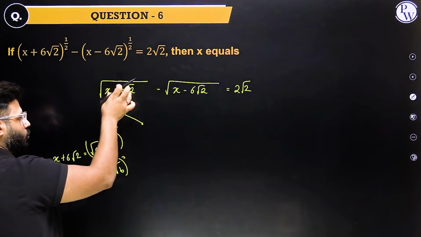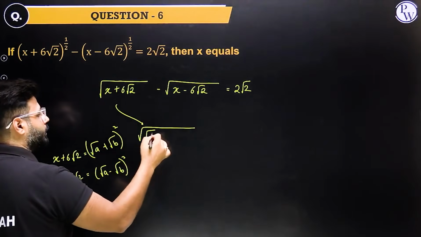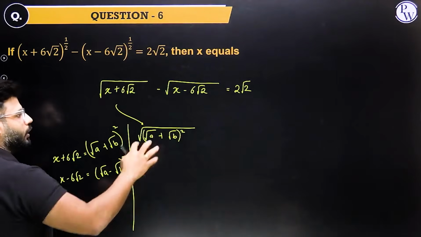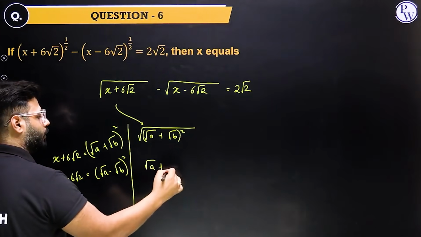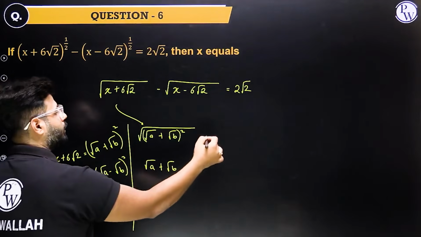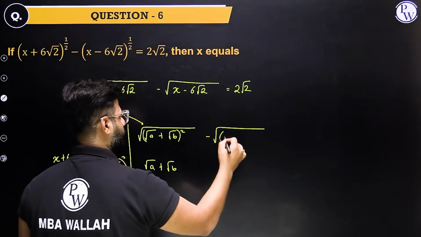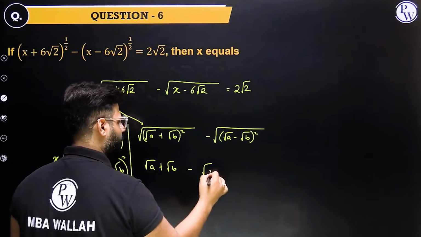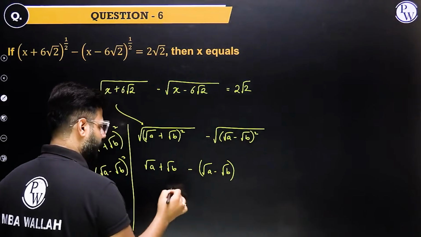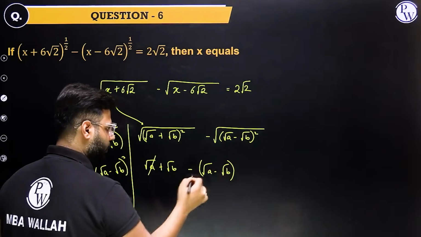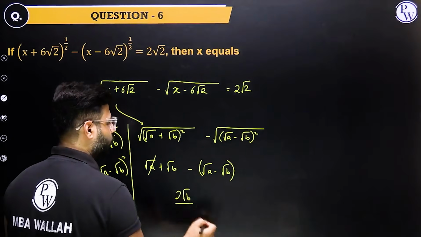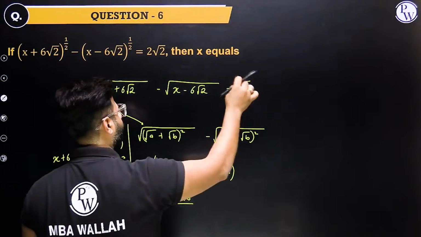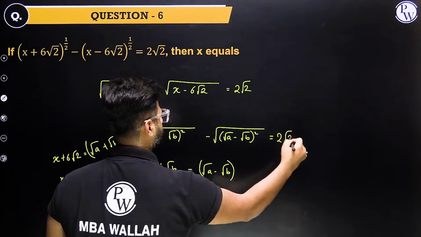This is root a plus root b whole square under the square root, so that it gets very much simplified. Similarly this also, the conjugate pair, gets very much simplified, and ultimately you get the answer: root a gone, simply 2 root b. Only in this scenario are you going to end up with a very simplified RHS.